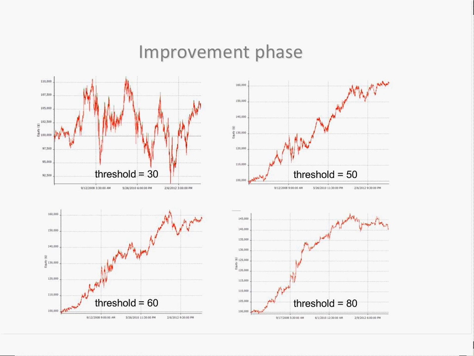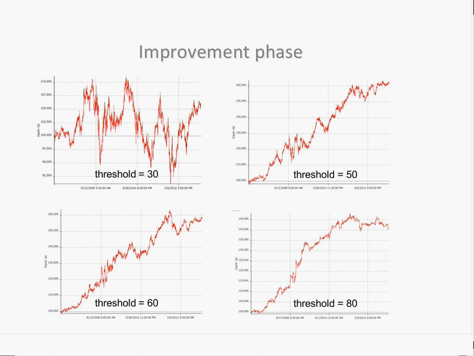We increase the threshold, and therefore we exclude trades, because it is obvious that the higher the threshold, the lower the number of trades.